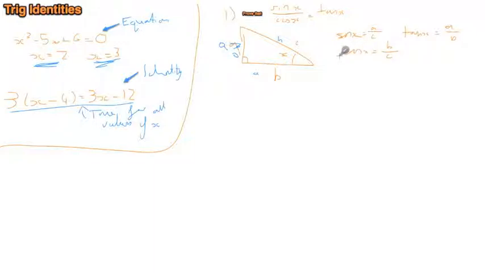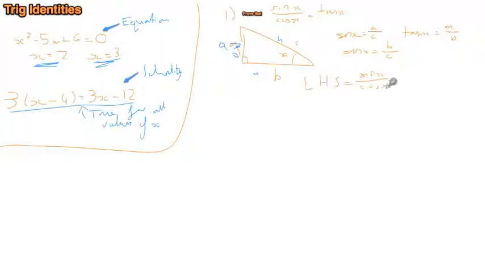So when you're writing out the answer for this, you always have to go left hand side equals. You can work out from the right hand side, but it's always easier to just work from the left hand side. So you go left hand side equals sin x over cos x, right?